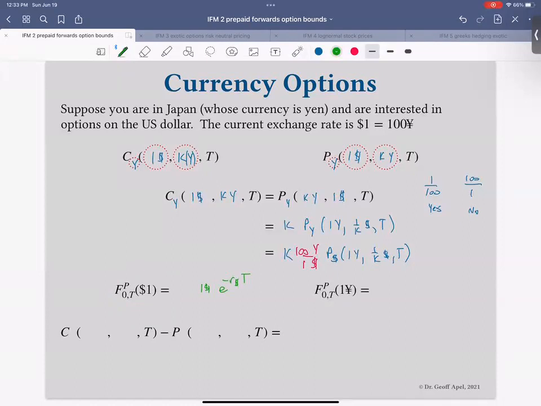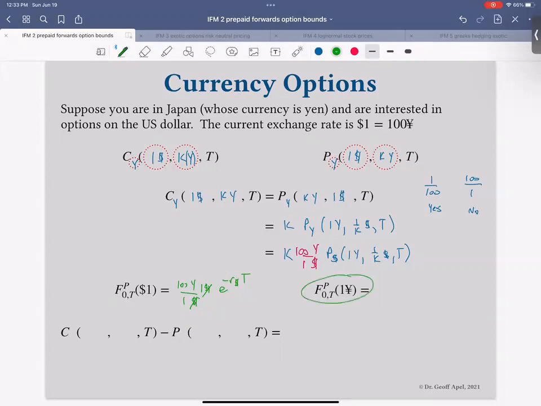But because I'm in Japan, I now have to convert it to my money. So I'm going to divide by the dollars and put in yens, so I'm going to have 100 over 1. That allows me to keep my prepaid forward in my money, so in yens it's going to look like that.